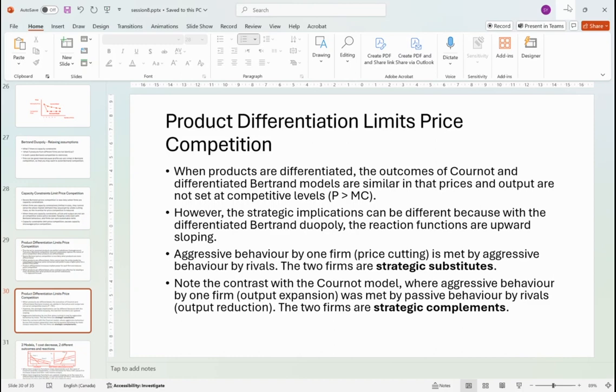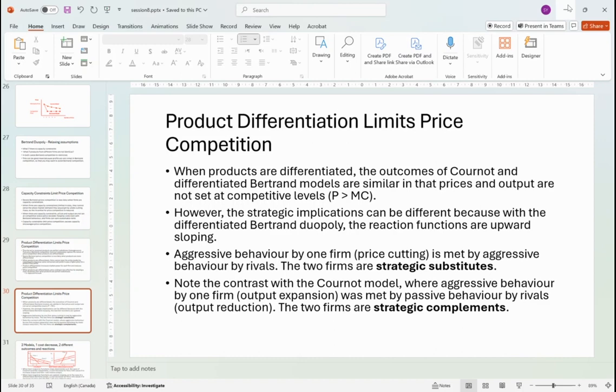This is actually called strategic substitutes, right? The size of the market is fixed, and when one firm increases its market share, the other firm has to decrease its market share. But under the Bertrand model, it is the opposite. They are called strategic complements.